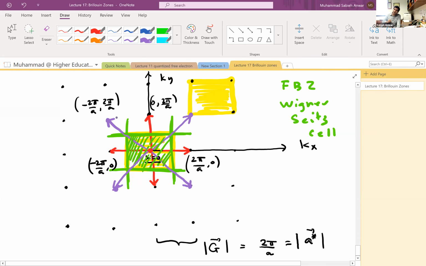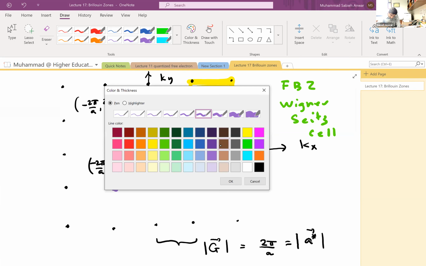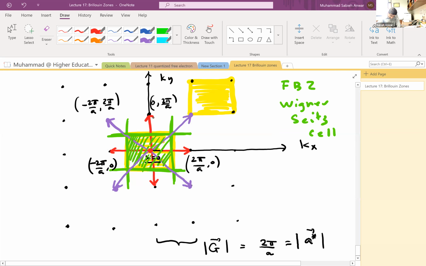And once again, I can draw bisectors of these vectors. Let me use a different color for the bisectors now. So I take this vector, I bisect. This is a bisecting plane. I take another bisecting plane. I bisect this vector now. Take this first.